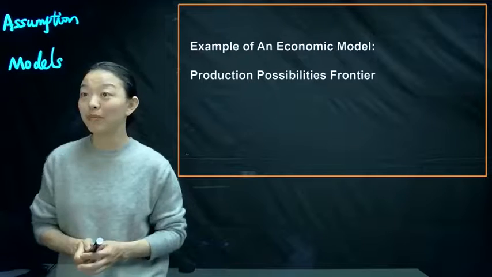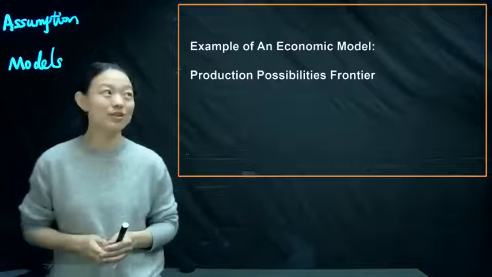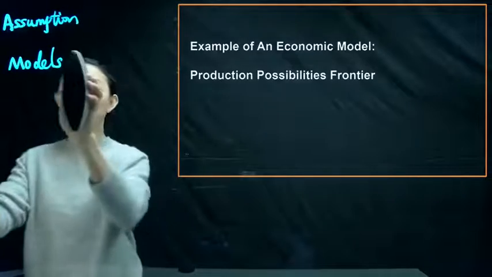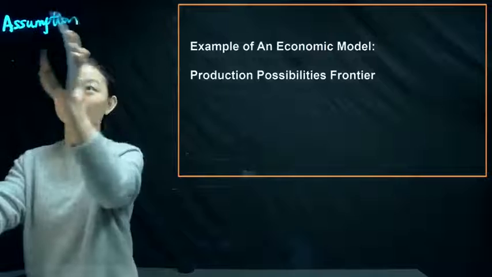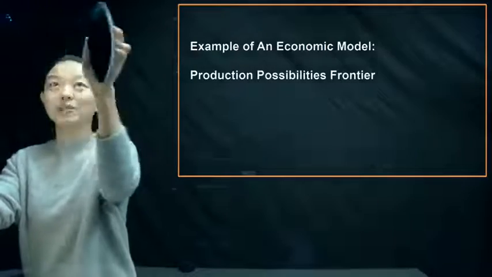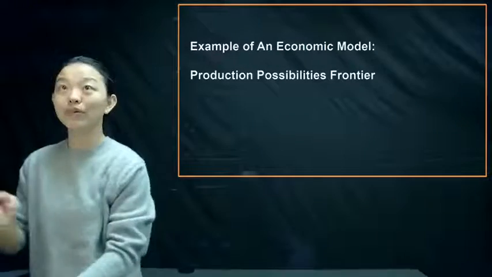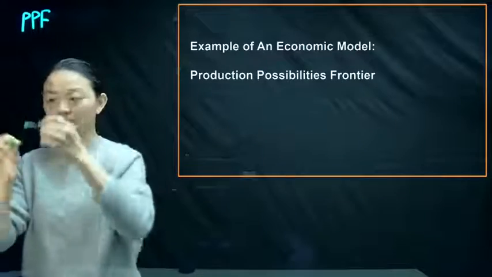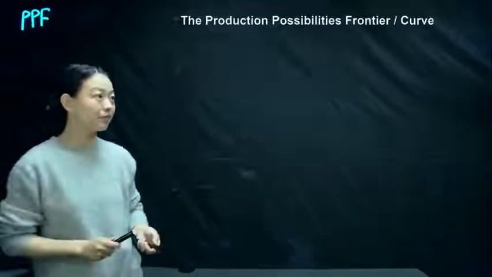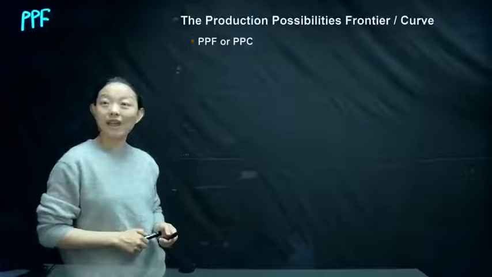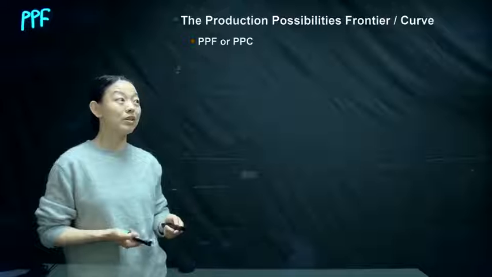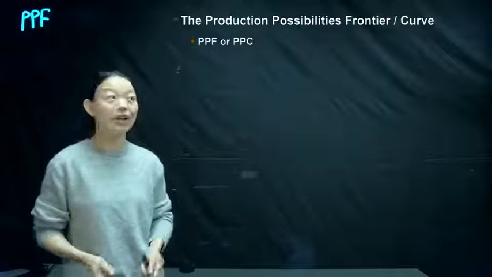The first economic model you will learn in this class is the production possibility frontier, okay? So this will be our first model, production possibility frontier, always abbreviated as PPF, okay? So PPF, in other textbooks, might be called a PP curve, PPC, okay?